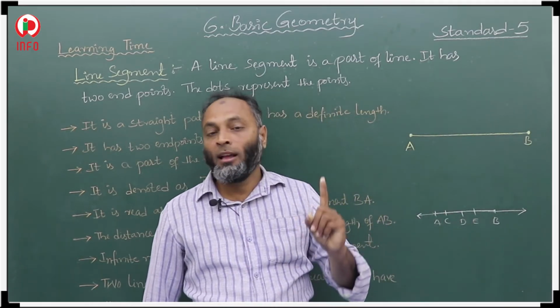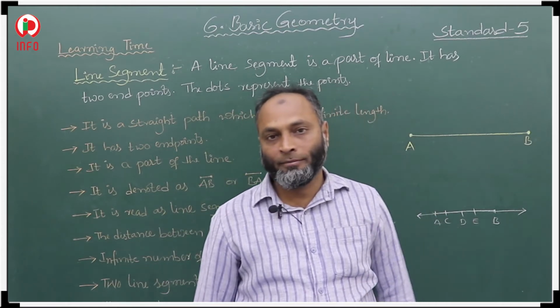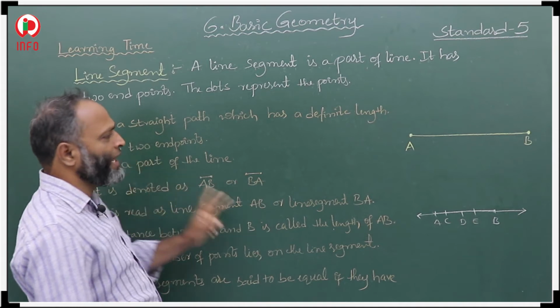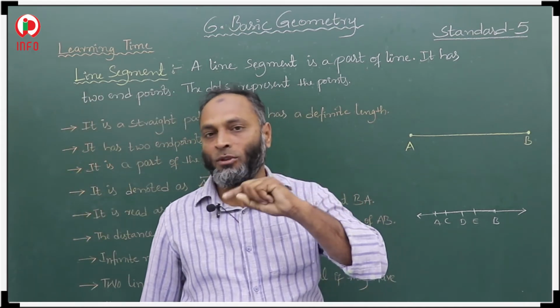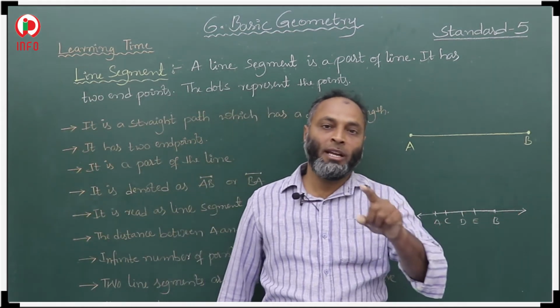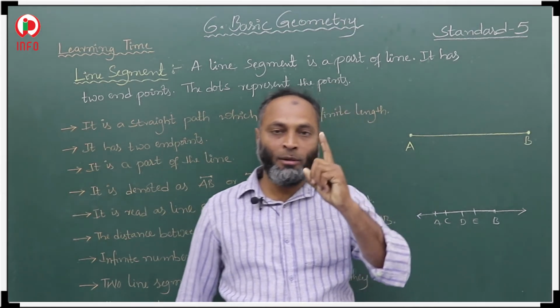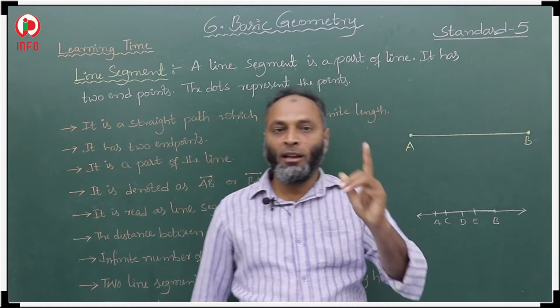What is a line segment? A line segment is a part of a line. It has two endpoints. A line does not have any endpoint, but a line segment has two endpoints. A ray has one endpoint. This is the difference between a line segment and a ray.